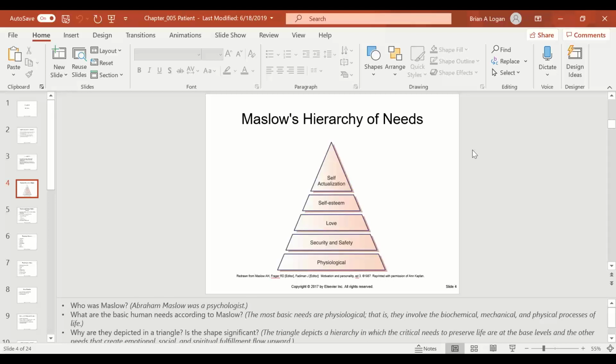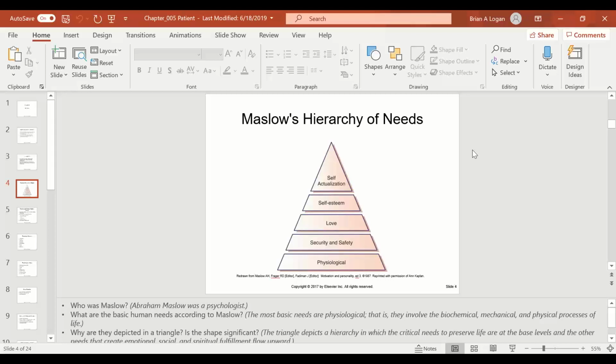Obviously, the bottom layer, the physiological layer, is all your physical needs, how your body works. That's hunger, oxygen, things to keep you alive, right?